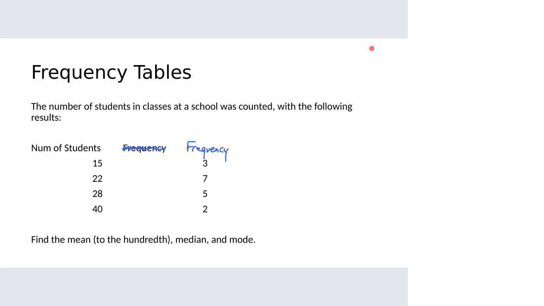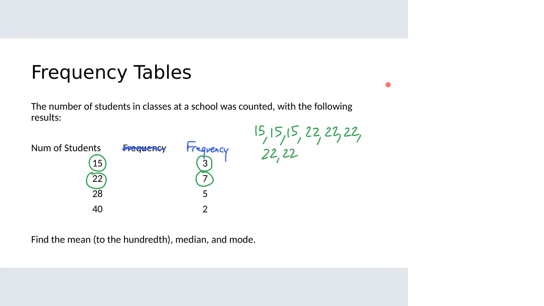A key here is that we don't just have these 4 data points and that's it, because of the number of times they appear in the data set. This frequency of 3 tells me that 15 occurs in the data set 3 times. And this 7 tells me that 22 occurs in the data set 7 times. So there's 7 of these 22. So if I wanted to write down the entire data set, I could.